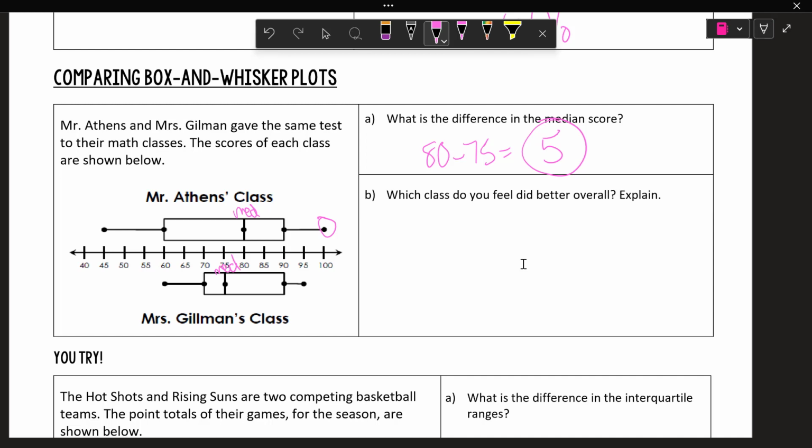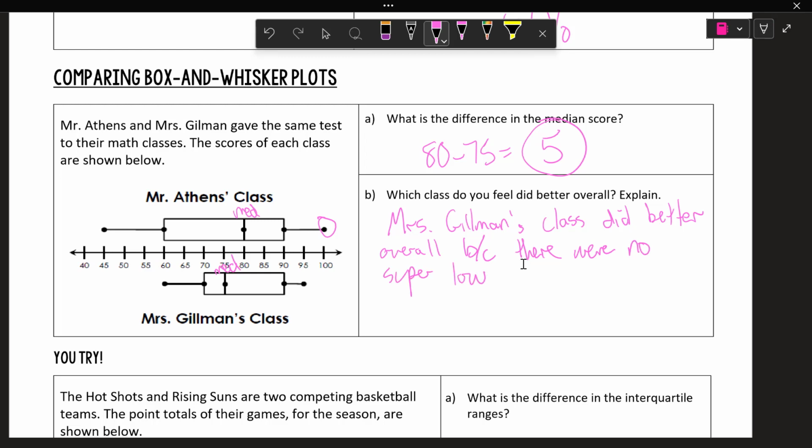So I would say that Mrs. Gilman's class did better overall because there were no super low grades.